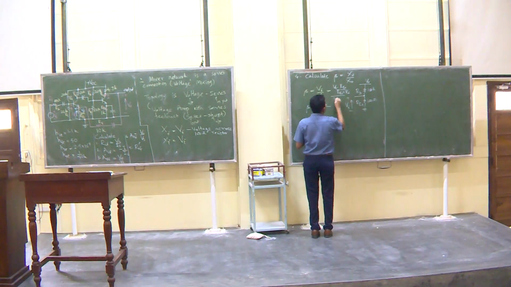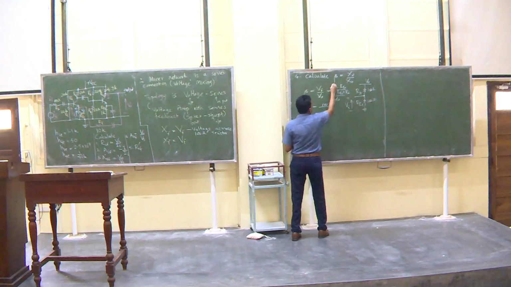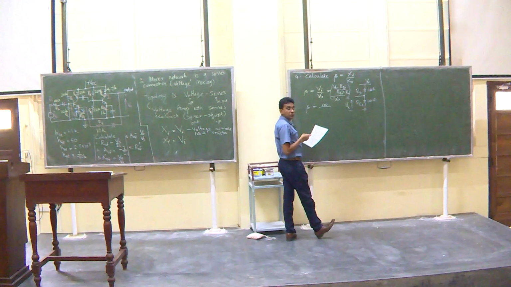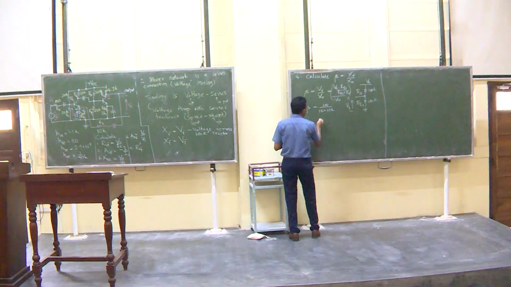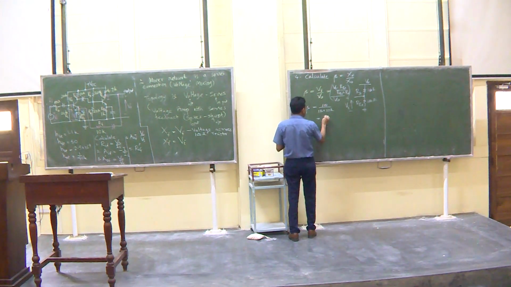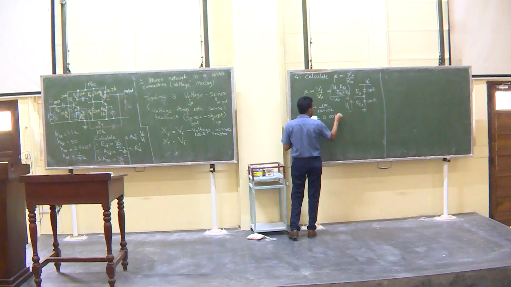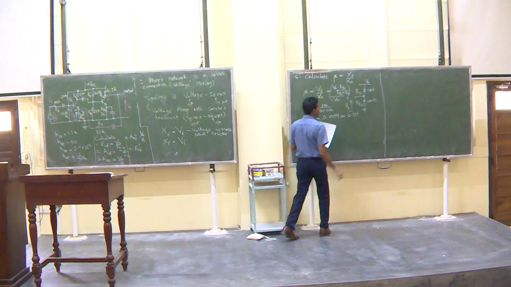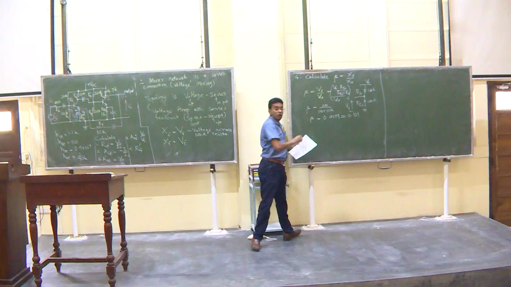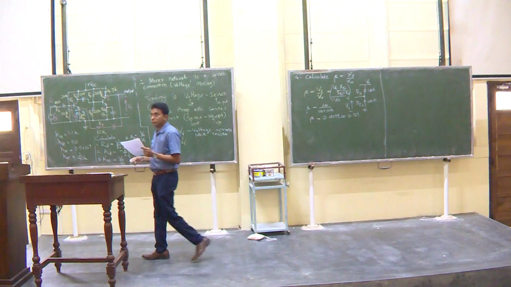So, that is the expression. So, you have RE1 is 100 plus 10K. So, this is equal to 0.0099, which is approximately equal to 0.01. So, we now know the value of feedback factor beta.